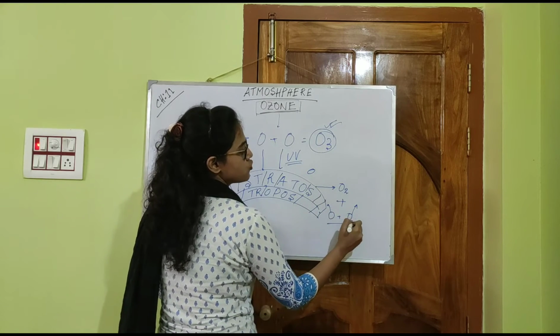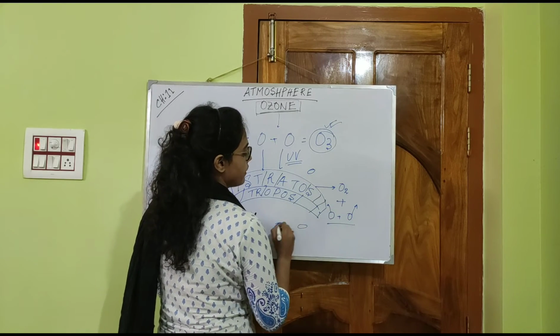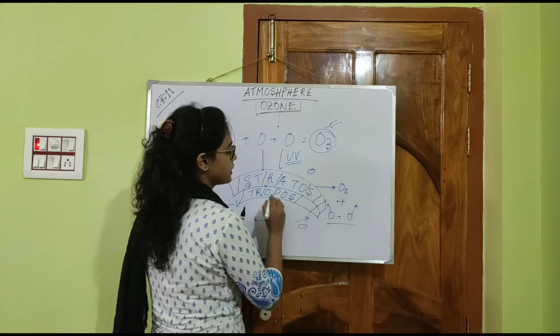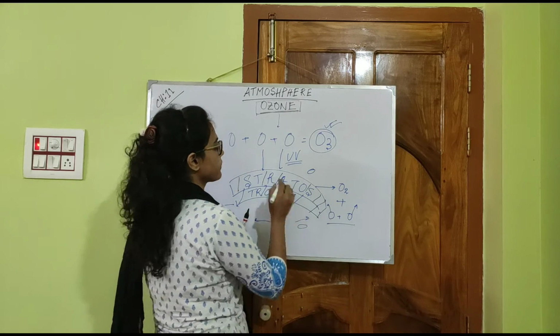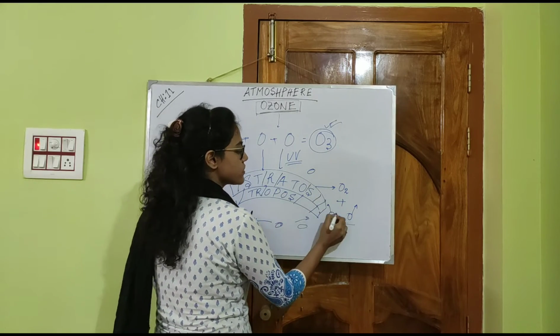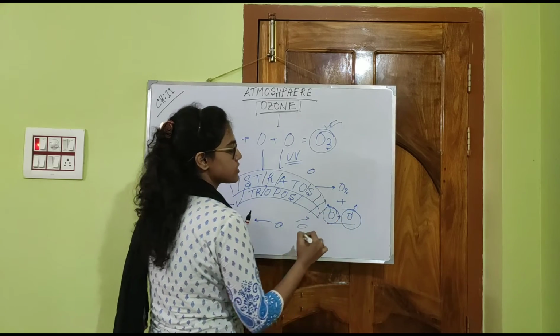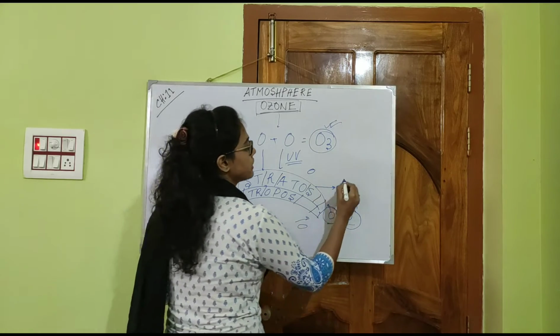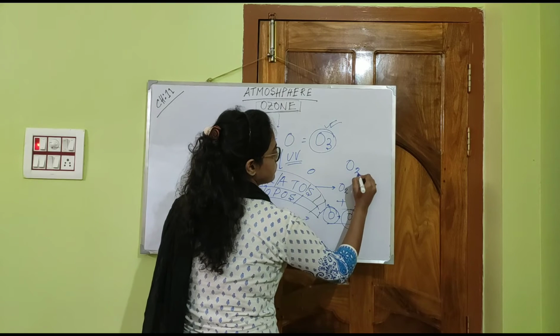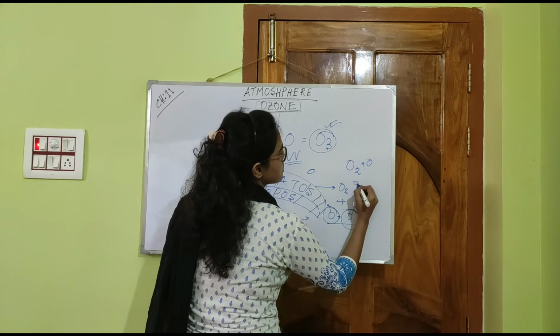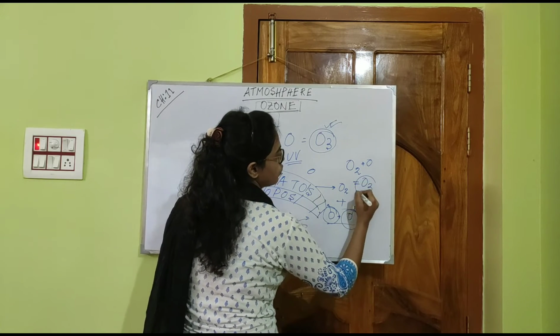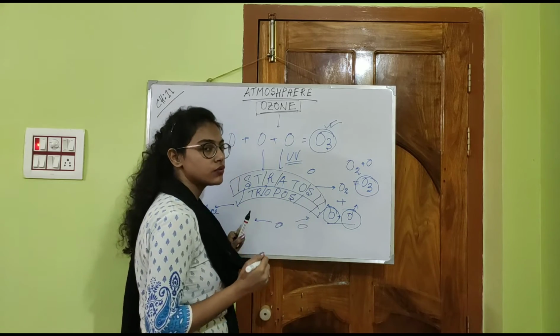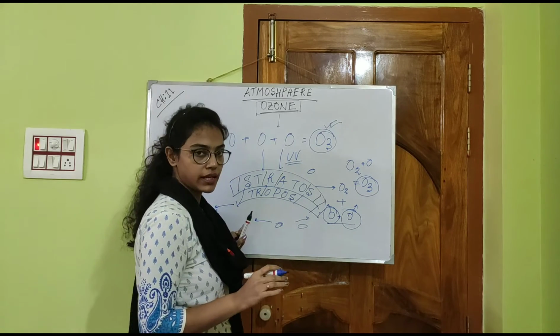These two atoms are moving very fast from one place to another in the stratosphere. Now what is happening? These two oxygen atoms combine with another oxygen and make O3, and this O3 is a very unstable gas.